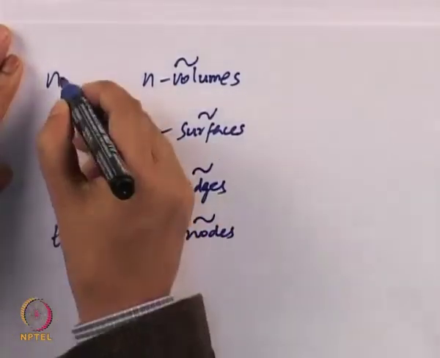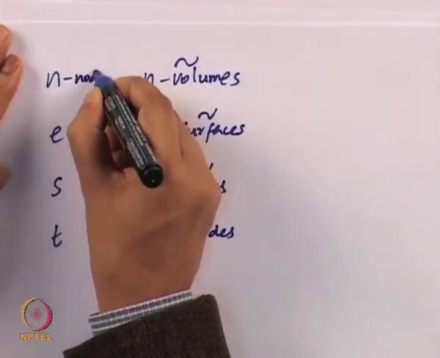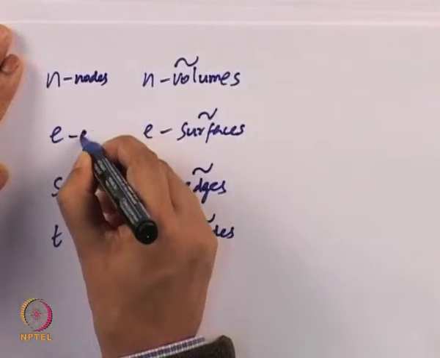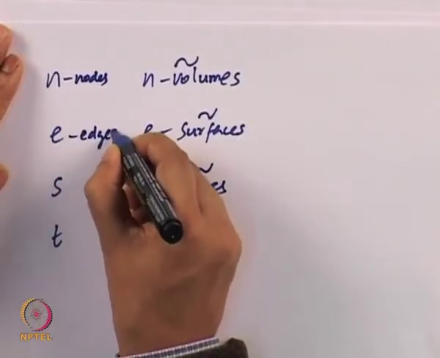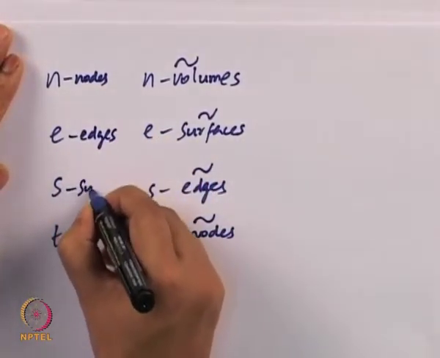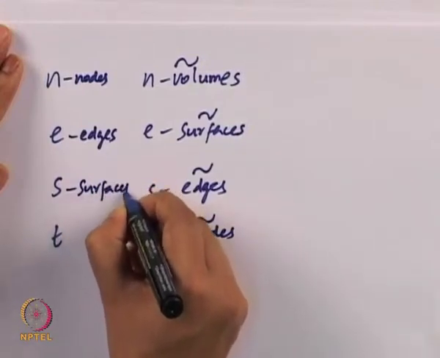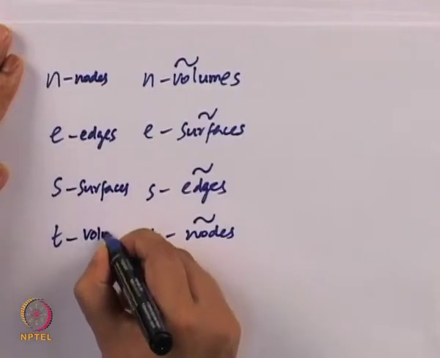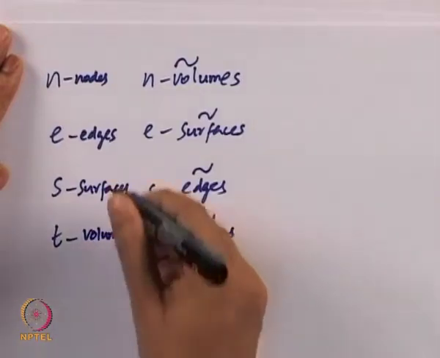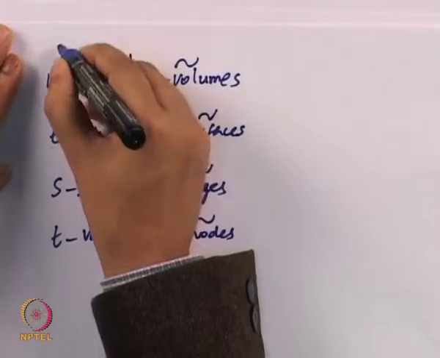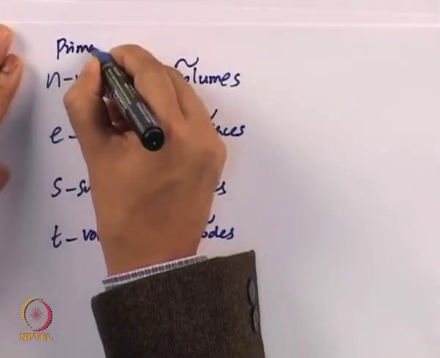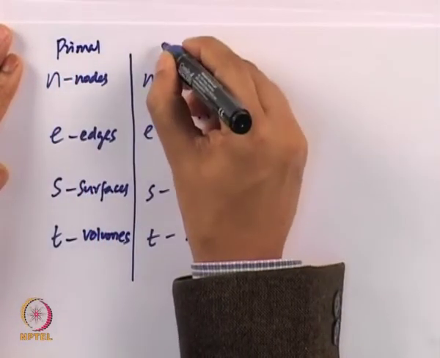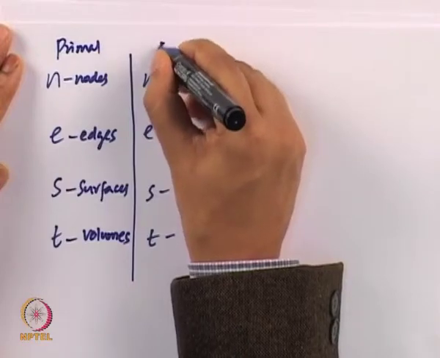So this is the number of nodes, number of edges, number of surfaces, number of volumes. So this is the primal and this is the dual.